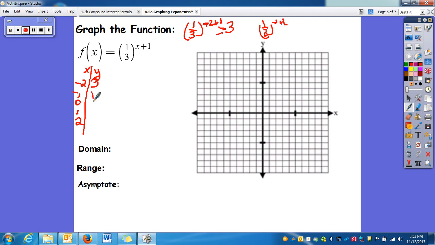That's going to be 1. So I have negative 2, 3, negative 1, 1. Plug in 0, 1/3 to the 0 plus 1. That's 1/3 to the 1, so that's just 1/3.